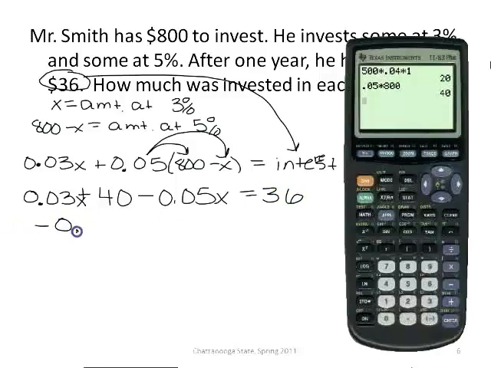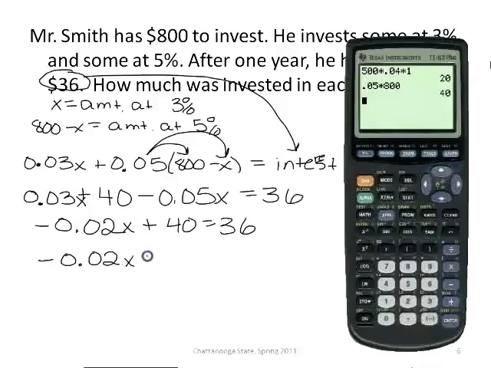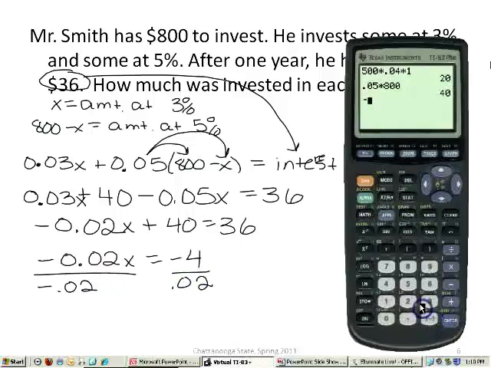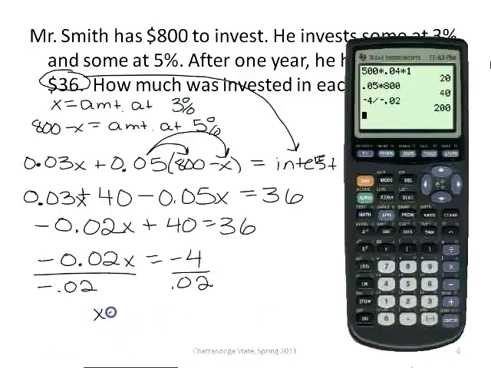So I can collect my x's together. That'll give me negative 0.02x plus 40 equals 36. So I subtract the 40 from both sides, giving me a negative 4 over there. And I divide by the negative 0.02. So negative 4 divided by negative 0.02 gives me 200 for x.